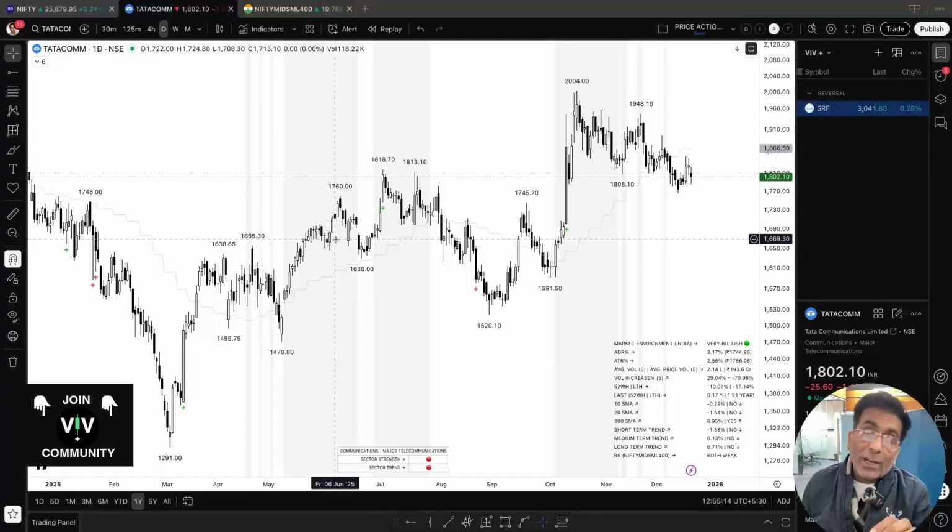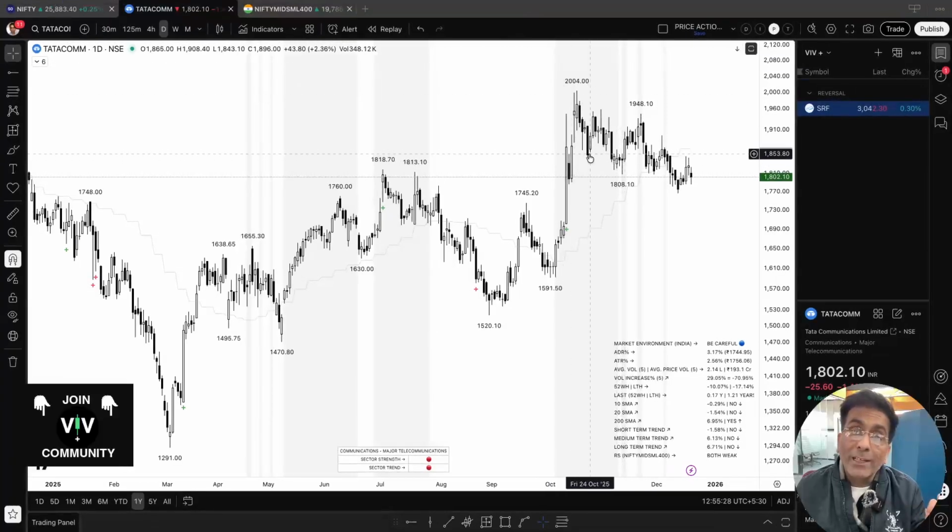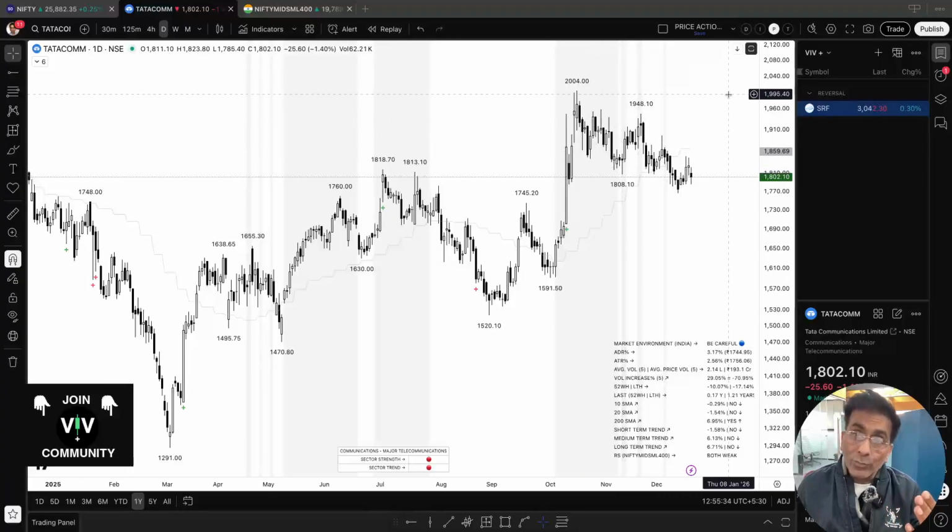Whenever in this such environment, the 2025 environment, when the market is choppy, sideways, no strength, then if you are buying near the 20 days or 10 days moving average and waiting for the trend to continue, it's getting failed.